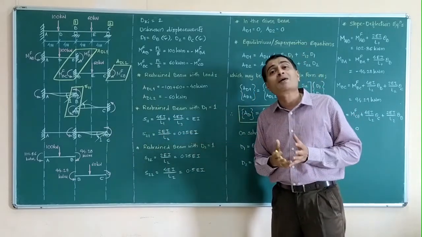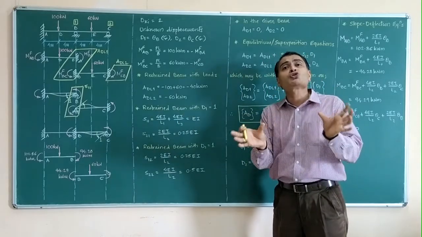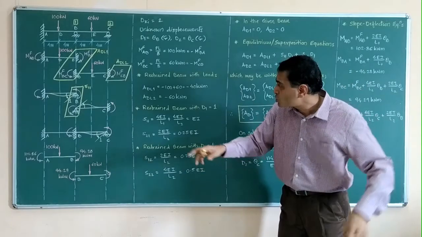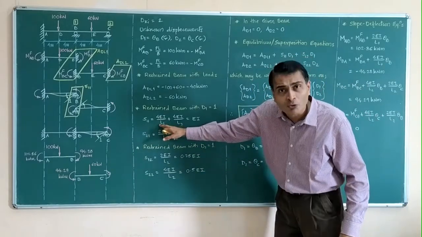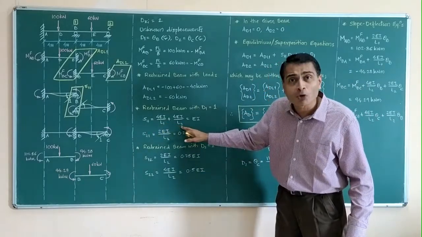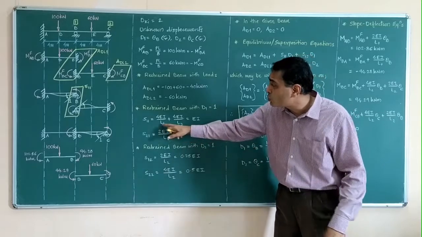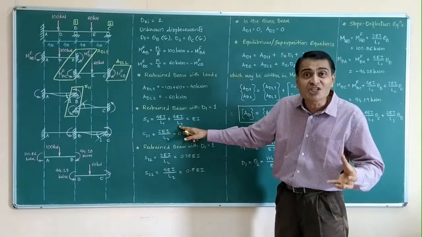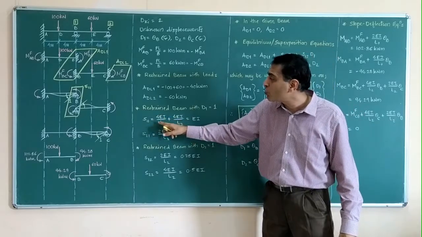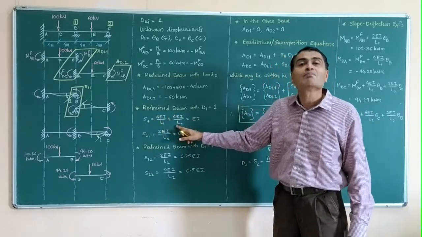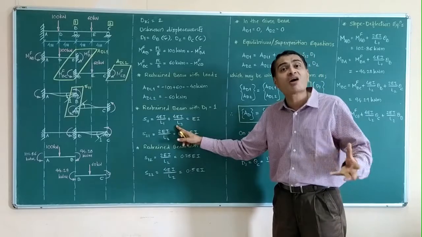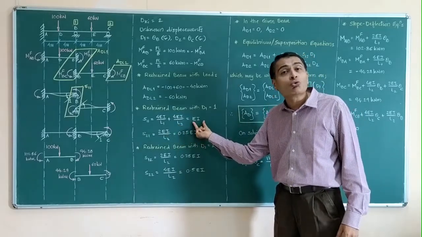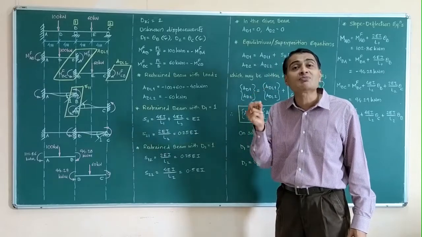It is 4EI upon L for the two spans AB and BC. I am using L1 and L2. So we are writing 4EI upon L1 plus 4EI upon L2. If you substitute L1 and L2 both being 8 meters each, I will simply get 4 by 8 plus 4 by 8, means eventually 1 half plus 1 half. So I am getting stiffness S11 as 1 times EI.